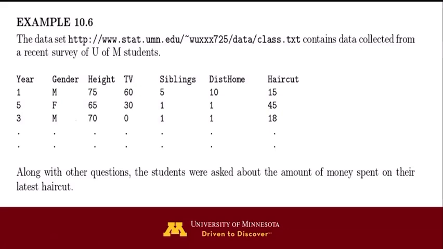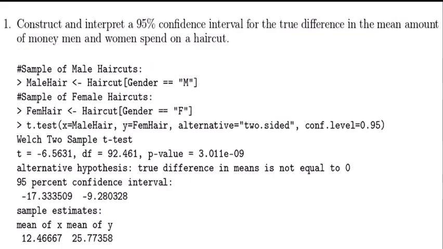Along with other questions, the students were asked about the amount of money spent on their latest haircut. The question asks you to construct and interpret a 95% confidence interval for the true difference in the mean amount of money men and women spend on haircuts.